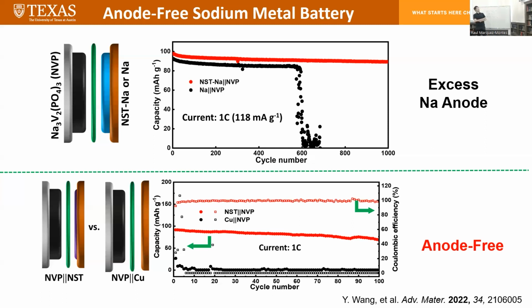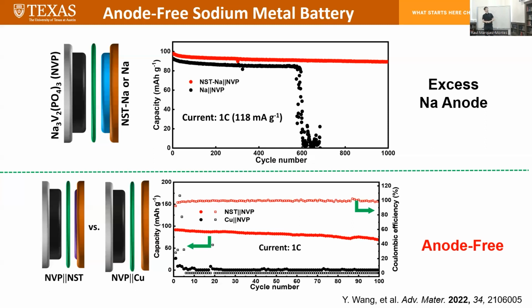But compared with the anode-excess cells, you still see the contrast for the anode-free. So basically, it's very challenging to achieve stable cycling in the anode-free configuration. But at least we've shown that through the design of your current collector, you can get some improved performance in the anode-free battery.